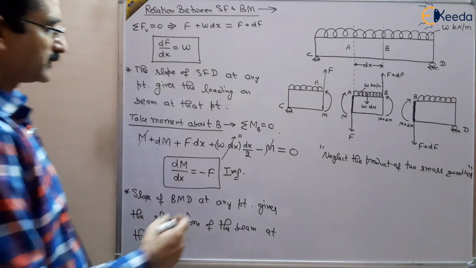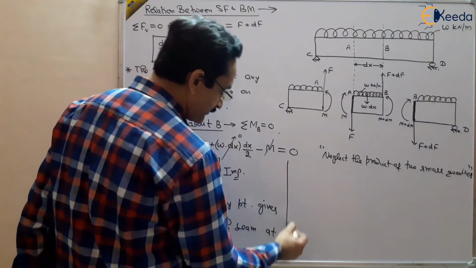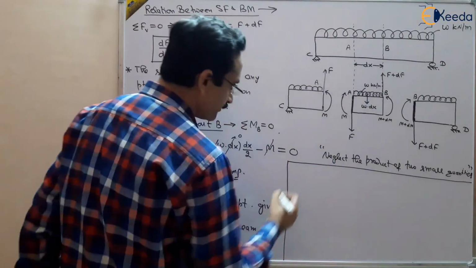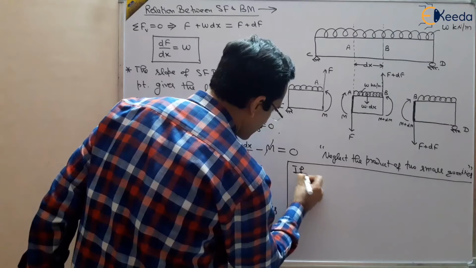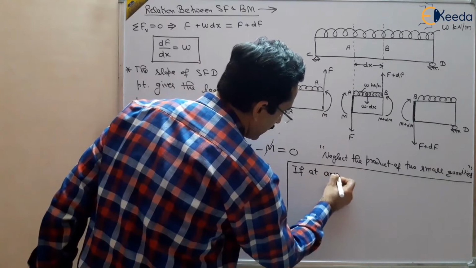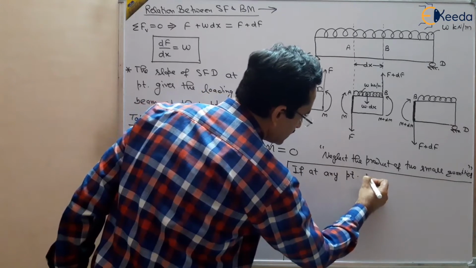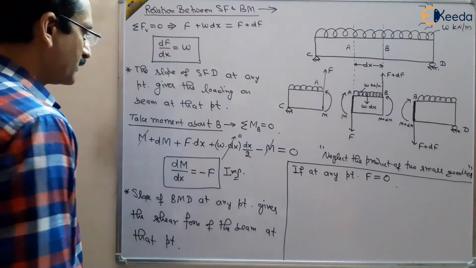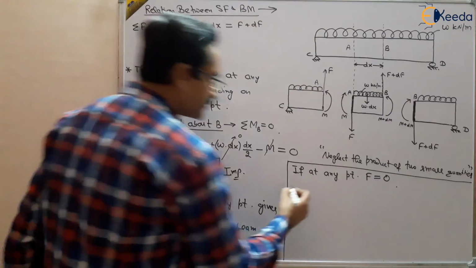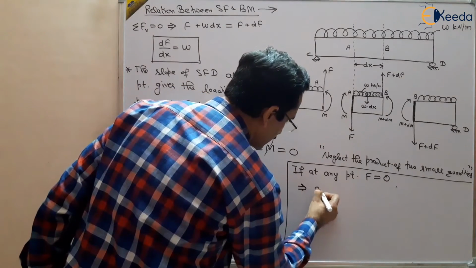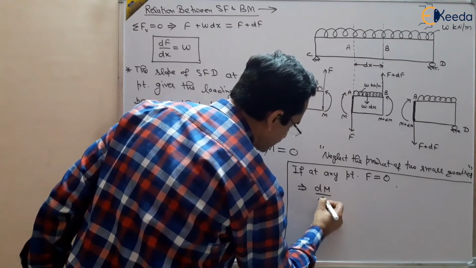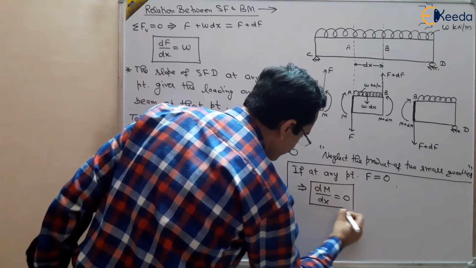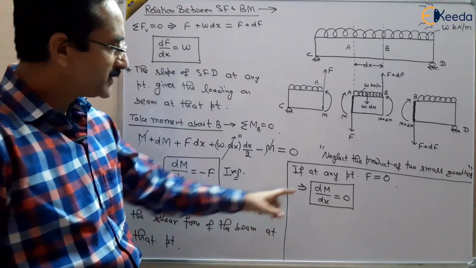And suppose now at any point the shear force is 0, this means that dM by dx is 0 at that point, the slope is 0 at that point.